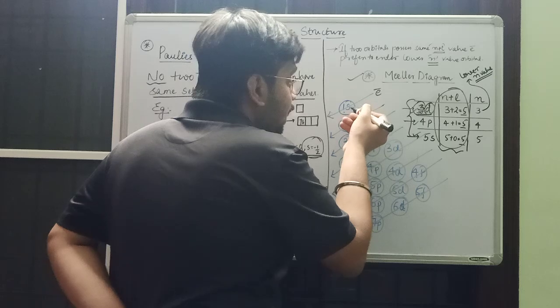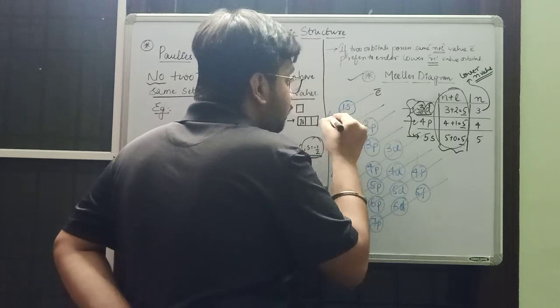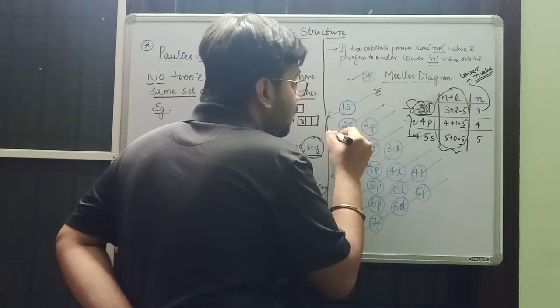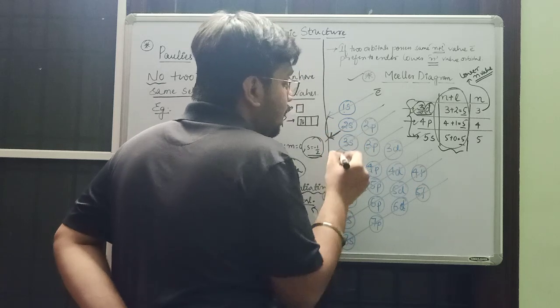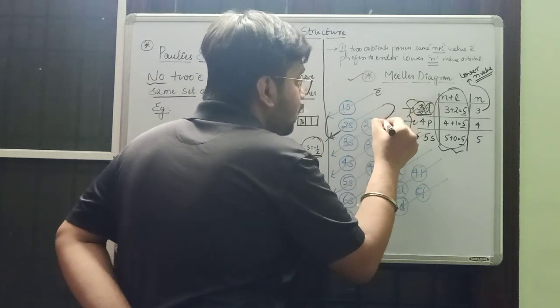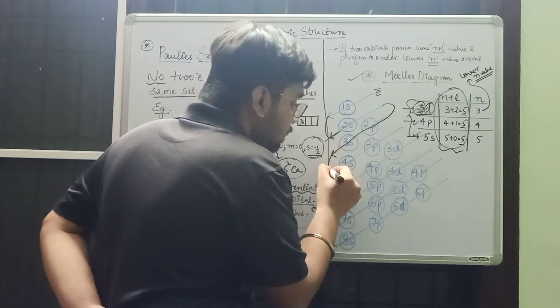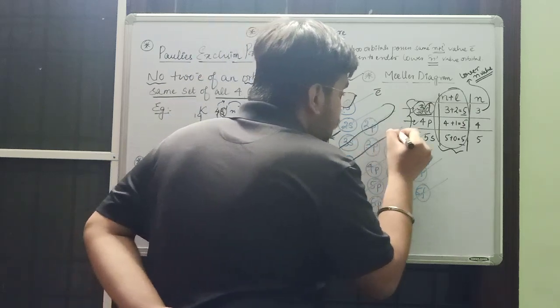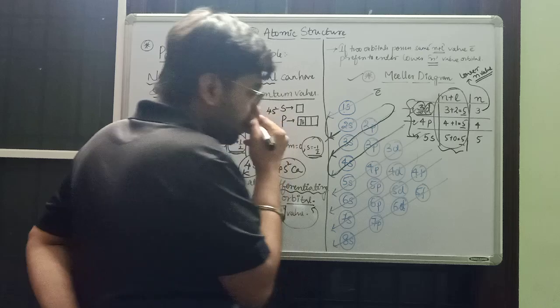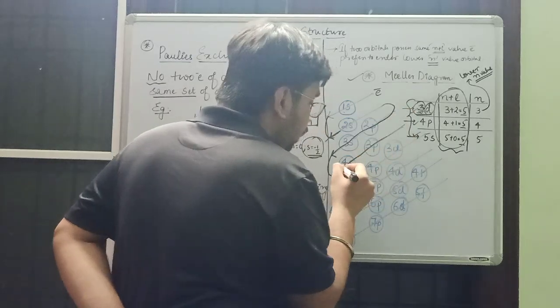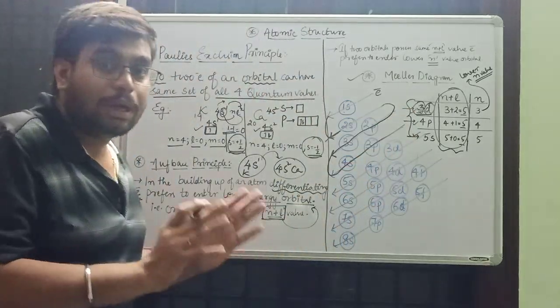So this is the path in which electrons are entering. Then where? Then 3p, 4s. Are you getting it?